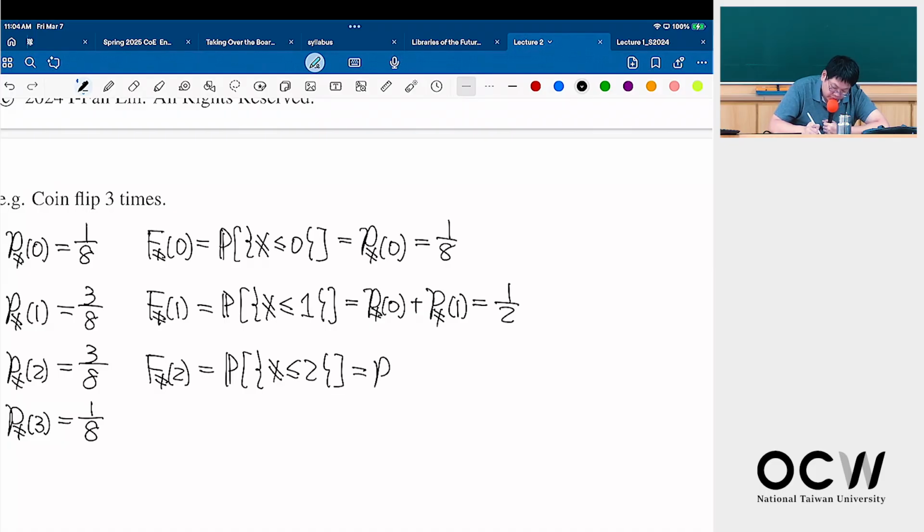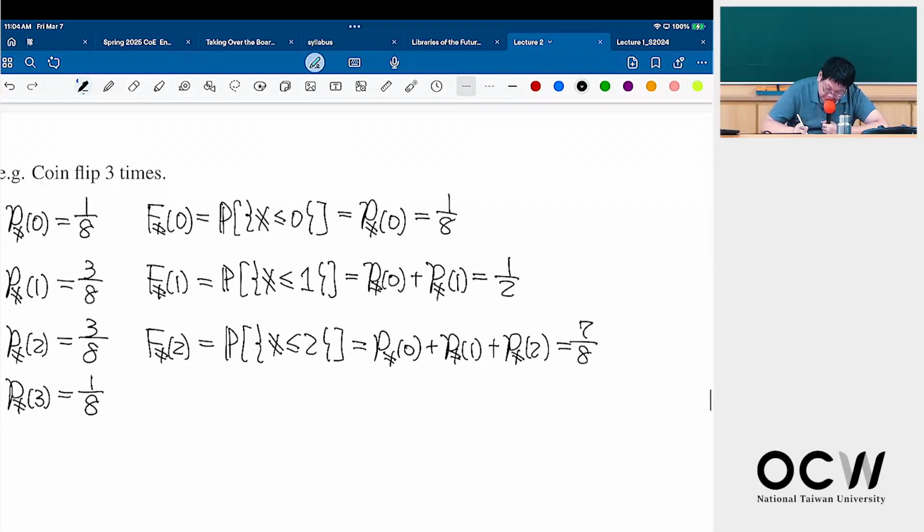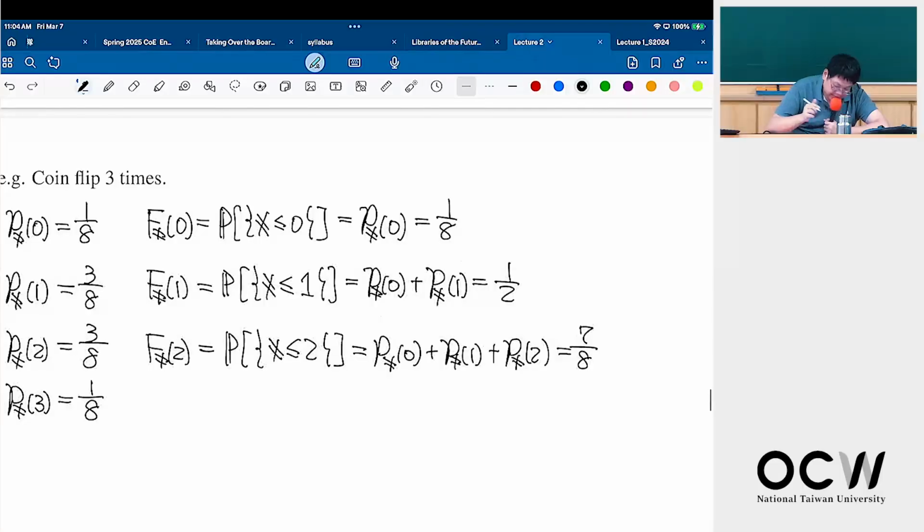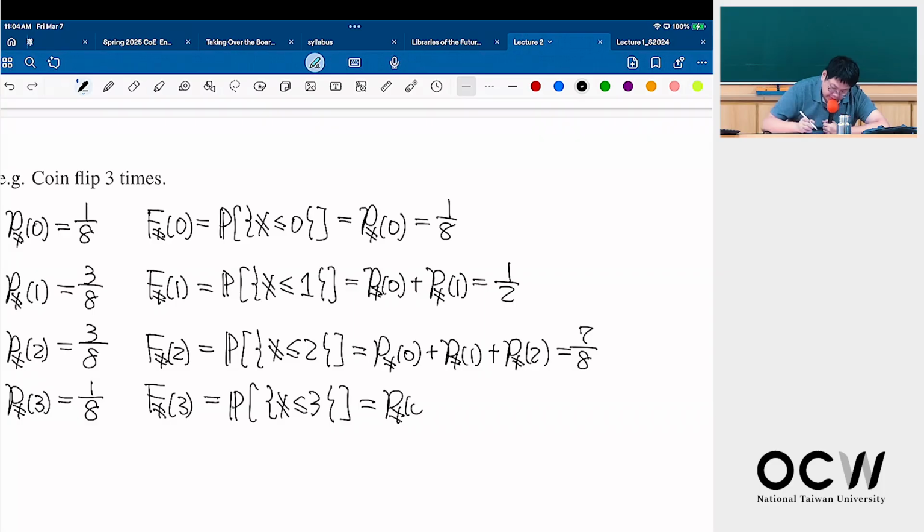So I will include the PMF at 0, 1, and 2. You'll get 7/8. And later on, you get the CDF at 3, which is the probability of X less than or equal to 3. We get the PMF at 0, at 1, at 2, and also at 3.